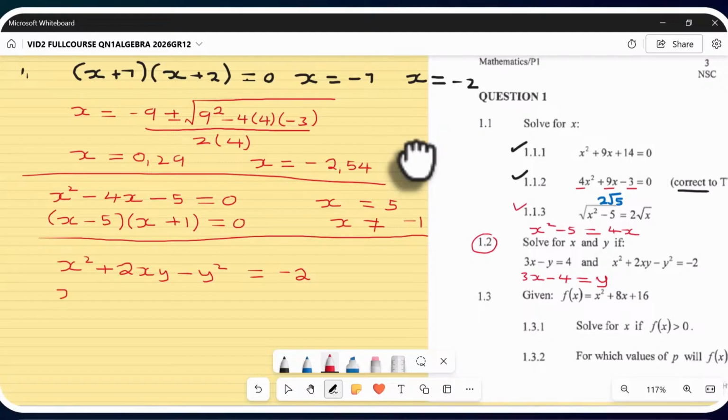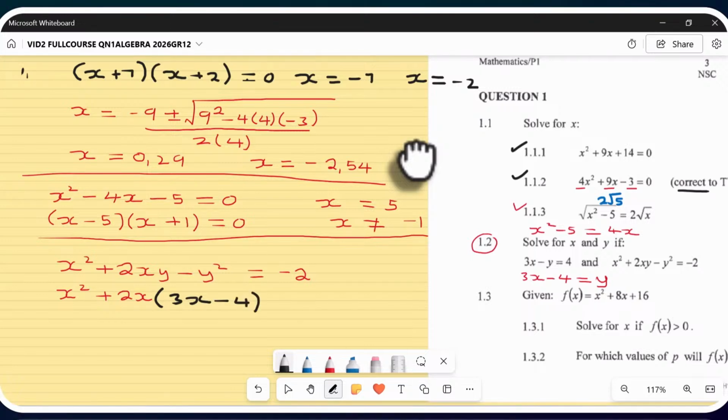Negative 2. So here, open brackets, we have x squared. Now here, we're going to get 6x squared, so plus 6x squared. Then 2x times negative 4, that's negative 8x.